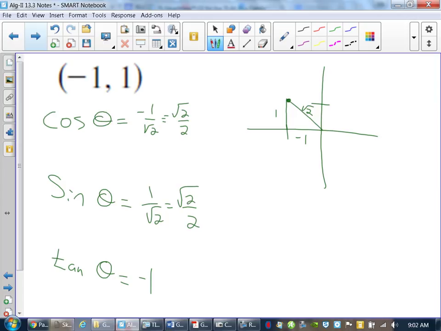And then your reciprocal functions are just flipping those fractions. So you get -√2, positive √2, and -1. Again, because what we're doing is we're using this as our theta because that's the reference angle.